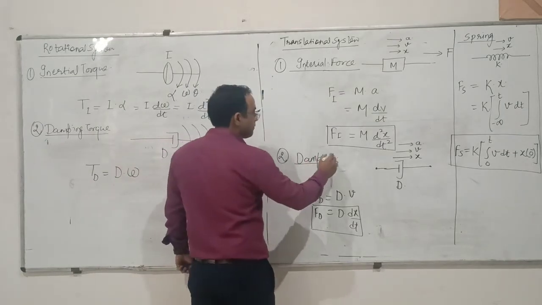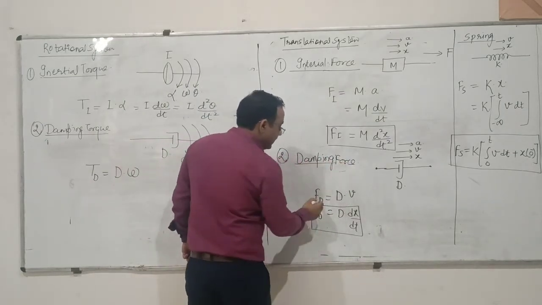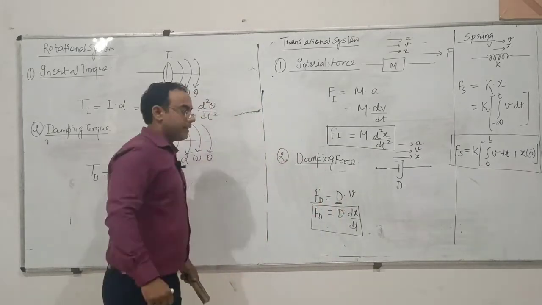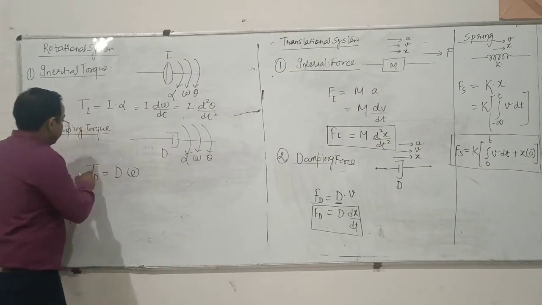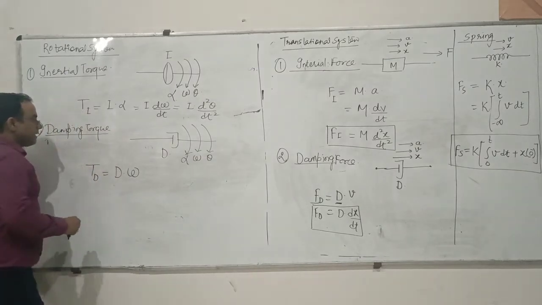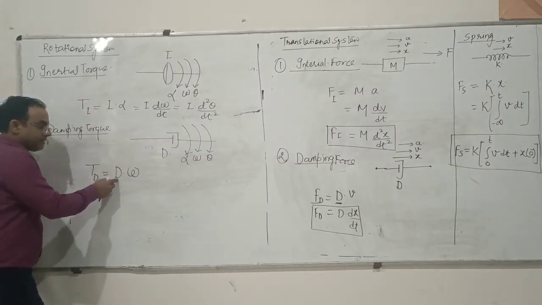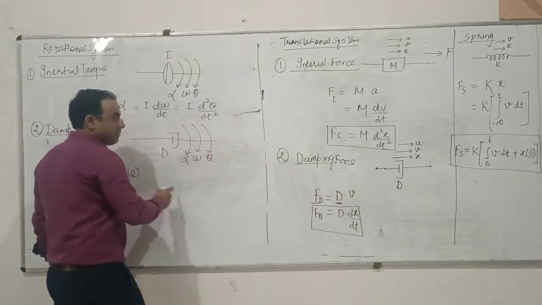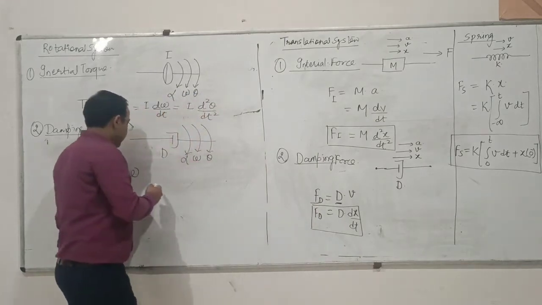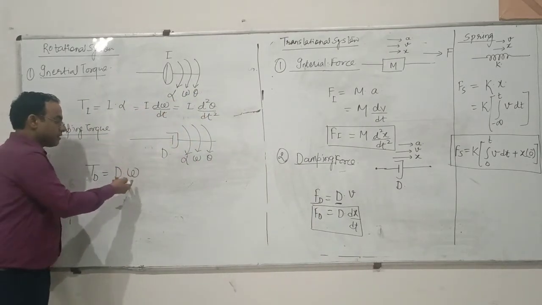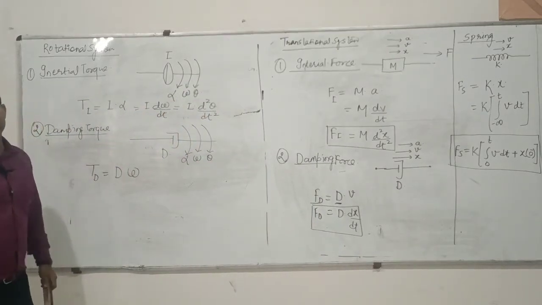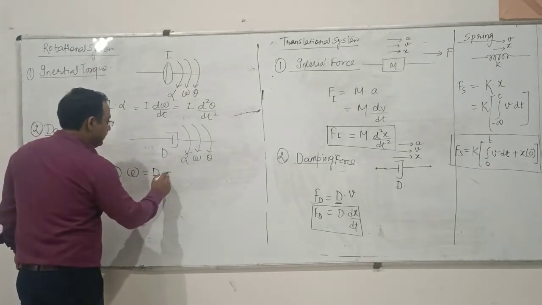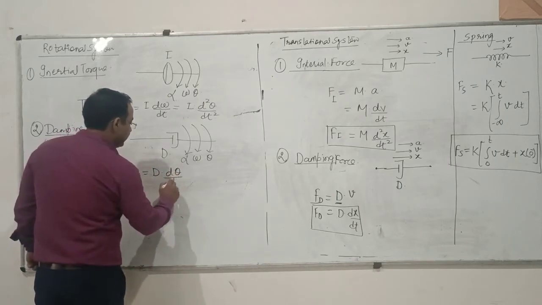If in the case of damping force Fd, here we are writing it as d into v, whereas in the case of rotational system, in case of damping torque, we can write it as d into omega. The difference is only for v and omega. Here v is the linear velocity, whereas in the case of rotational system, omega is angular velocity. Alright? So it can also be written as d into d theta upon dt.